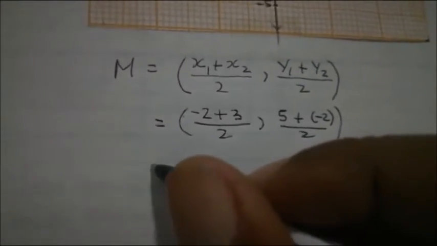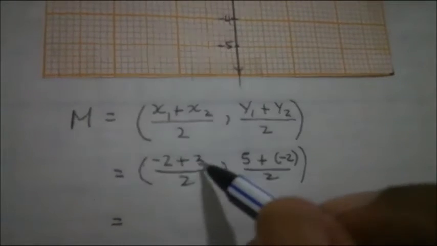And from here we can work out now this. So you have a minus 2 and you have a positive 3. That's the same thing as 3 minus 2, right? So that's going to be 1, comma, and this is going to be 5 minus 2, which is 3. 3 over 2.